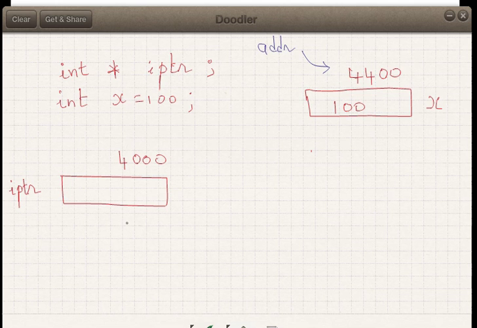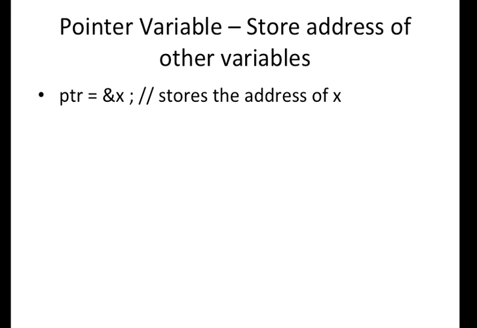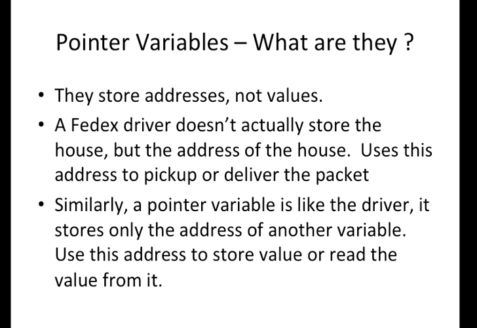Okay, so two variables, one stores value, the other one stores the address. So how do we store the address in here? If you go back to the PowerPoint, the definition here I said a pointer stores only the address of another variable. See that? It stores the address of another variable.